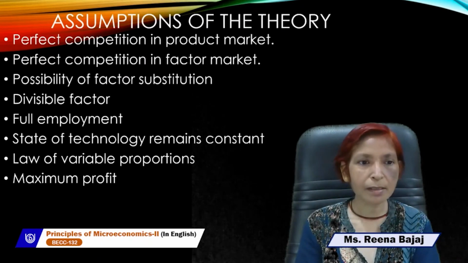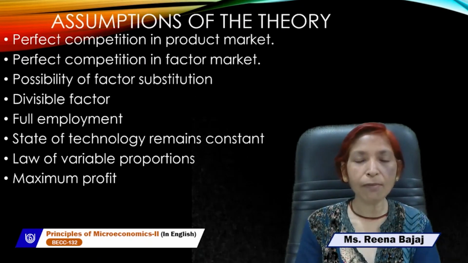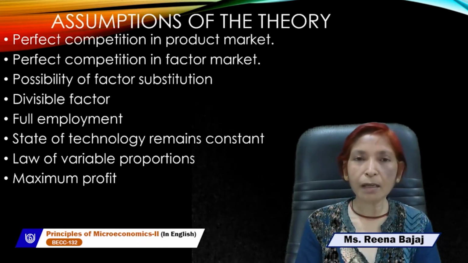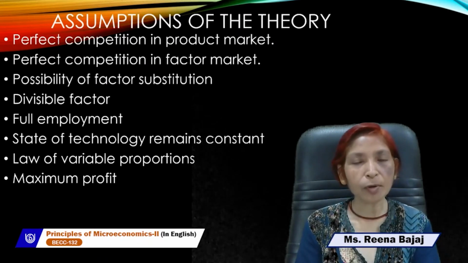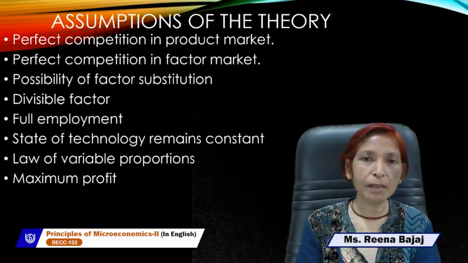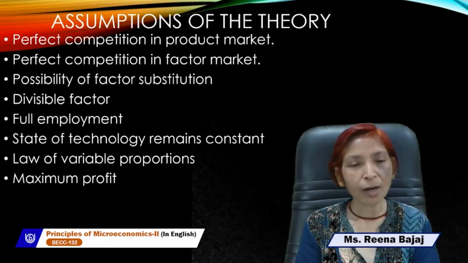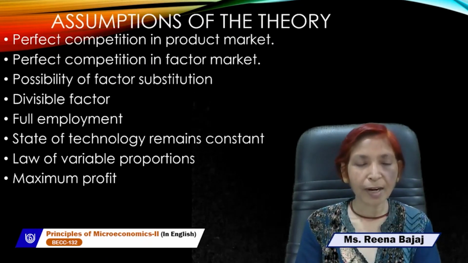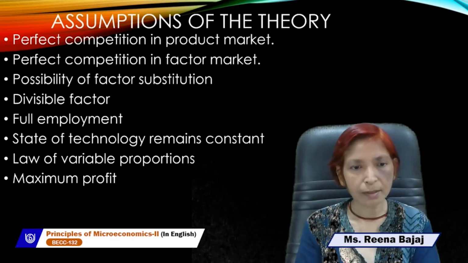The third assumption is that there is a possibility of factor substitution. J.B. Clark assumed under the marginal productivity theory that factors are substitutable, or we can use one factor in place of another. There is a possibility.